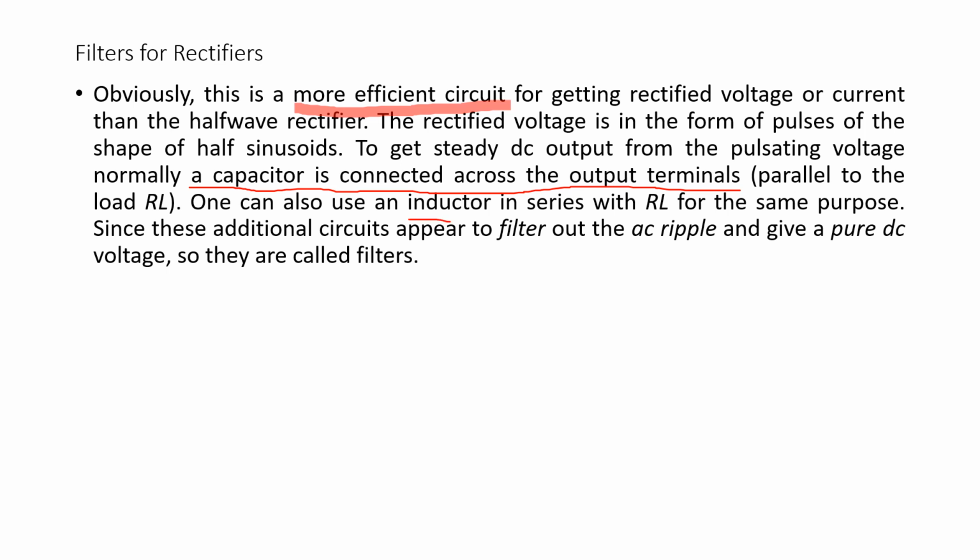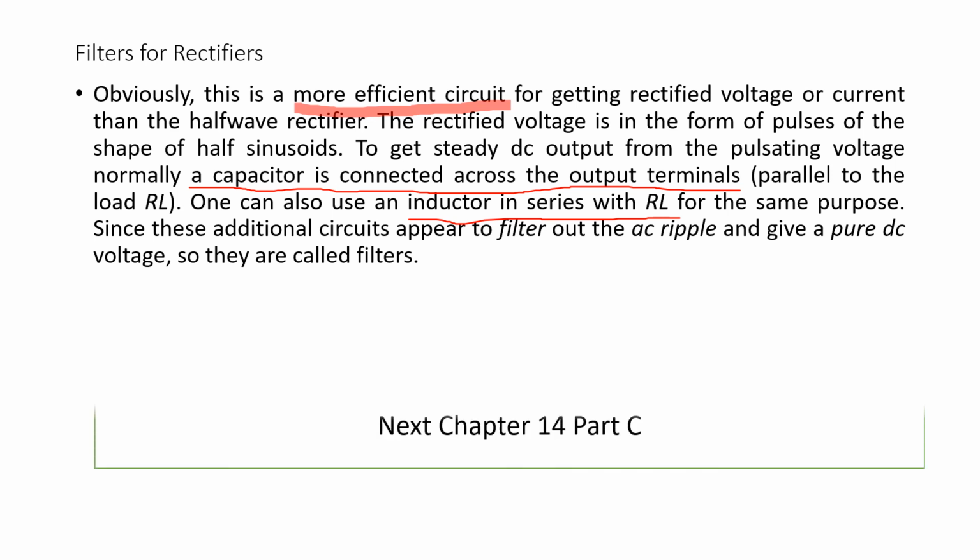Hence, the filter can be either a capacitor connected across the output terminals, that is across the load resistance RL, or an inductor in series with the load resistance RL. Hence, it converts the pulsating DC to a smooth DC. That means the filter is a smoothing circuit.